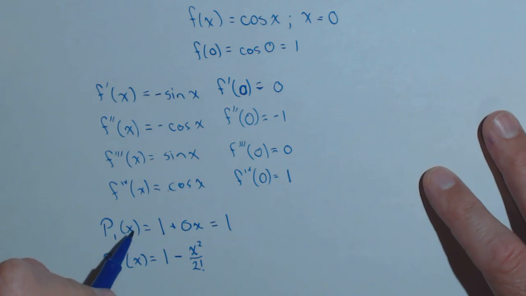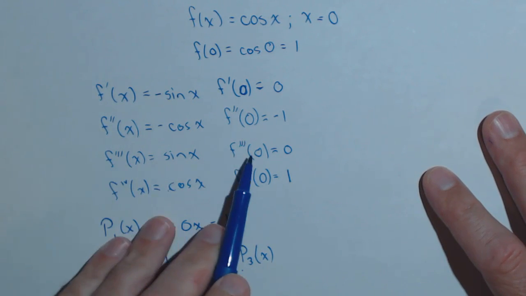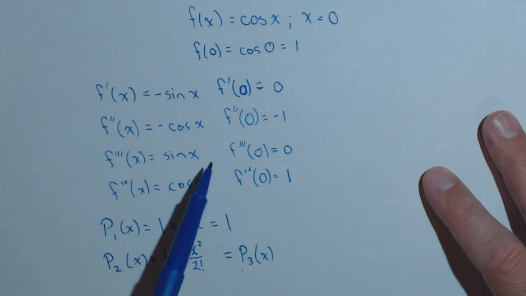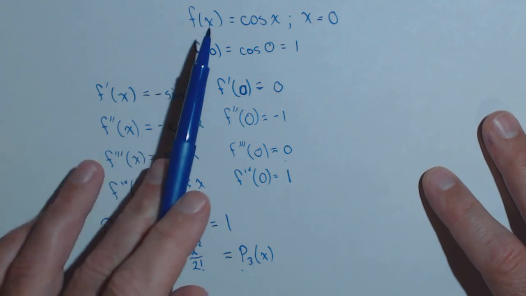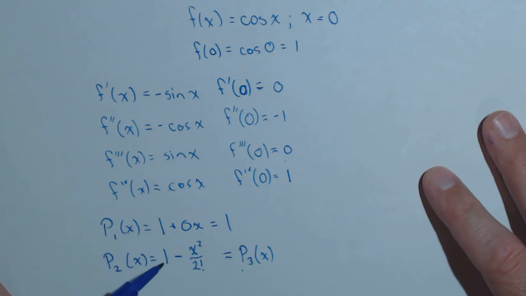Now my third degree Taylor polynomial for cosine of x is actually going to be the same as the second. The reason is because the third derivative at 0 is 0, so it's adding nothing to the polynomial. We're getting no more information. Right? It's because of the behavior of cosine of x. Cosine of x is an even function.